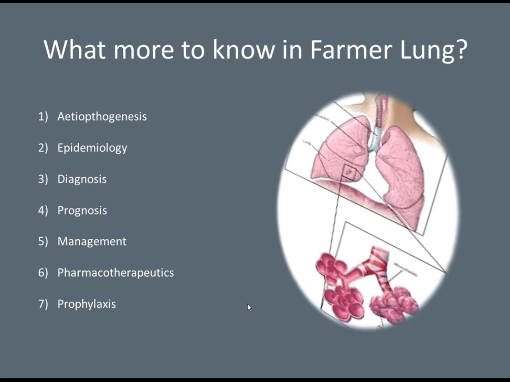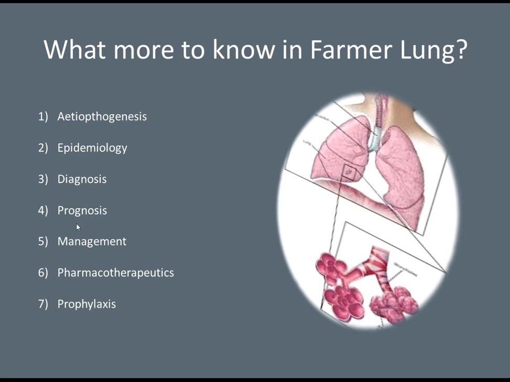But in brief, I am trying to list out those particular points of farmer's lung that every student should know. First is the etiopathogenesis. Next is the epidemiology. Next is the diagnosis. That means how would a person know whether he or she is suffering from farmer's lung or not. Next is prognosis. That means if somebody is already diagnosed with farmer's lung, what is the future course of events for that particular patient.